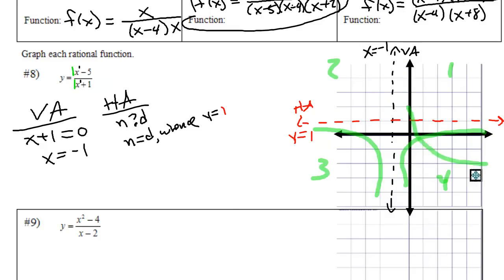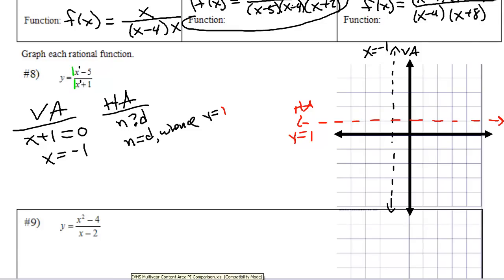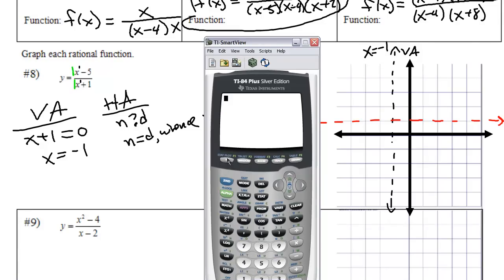Once again, though, we're not equipped to handle that at this point, so we're going to use our calculator to do this. Please note your calculator will not give you the asymptotes. So if you pull your calculator out and type in this function, make sure the numerator is in a set of parentheses and the denominator is in a set of parentheses.